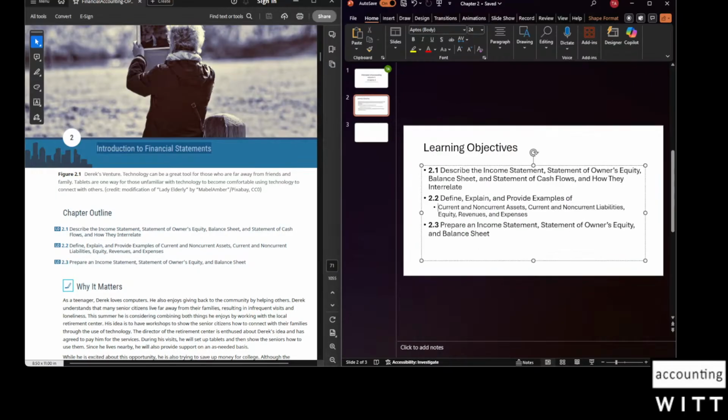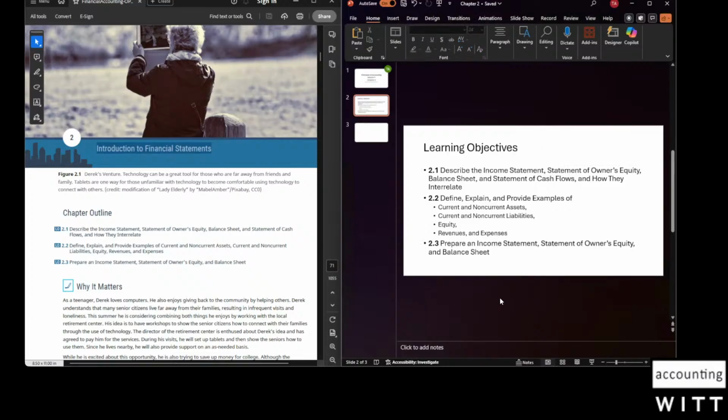Oh, wrong button. Prepare an income statement, statement of owner's equity, and balance sheet. All right, this is a big one. Probably going to split it into all the different learning objectives.